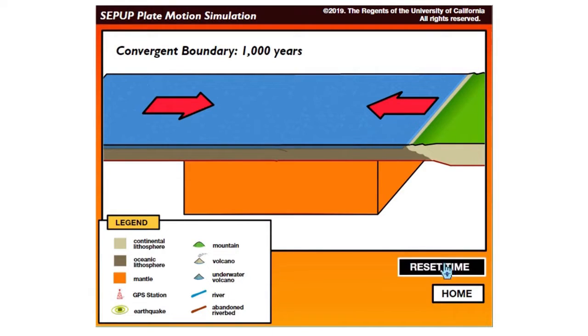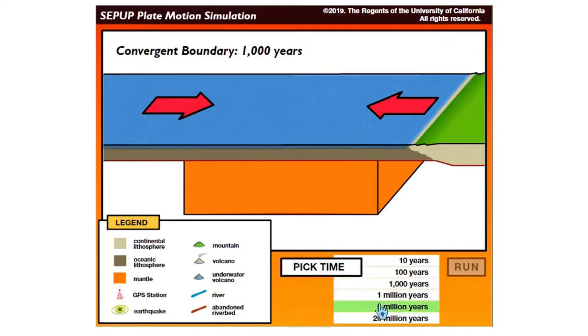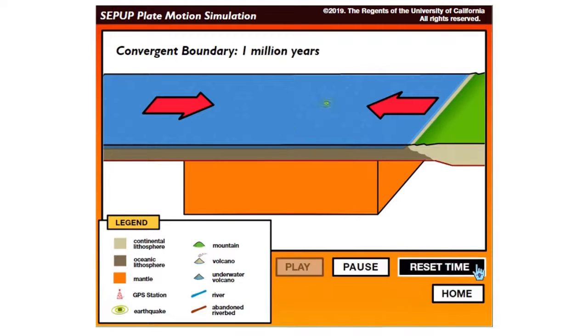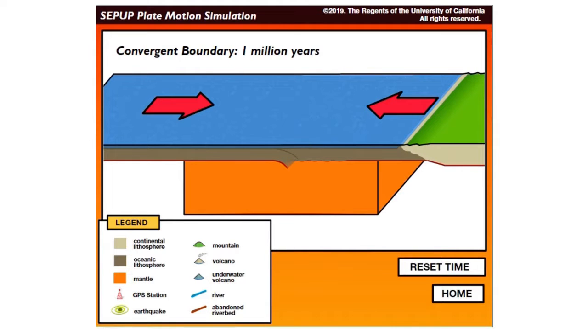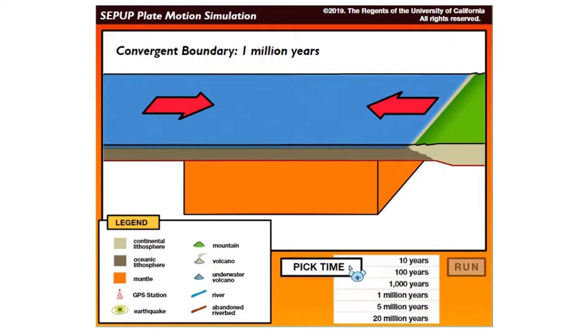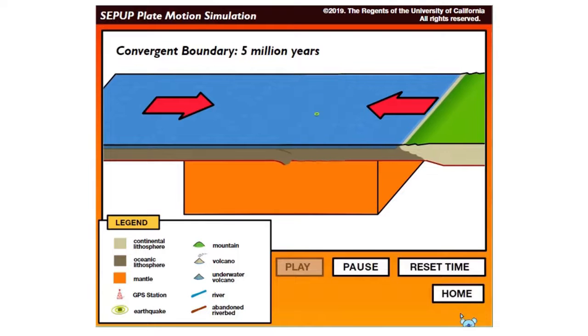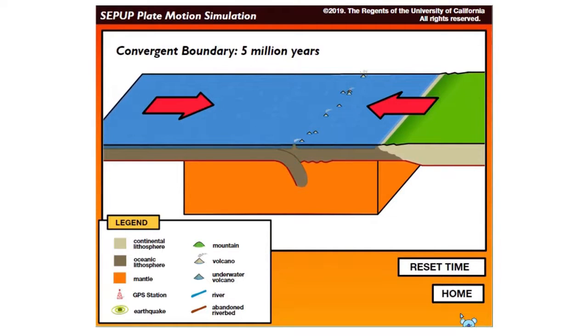What about 1 million years? Other than the occurrence of earthquakes, we can observe that one of the oceanic plates is starting to sink beneath the other. This process is called subduction. Now let us try 5 million years. What have you noticed?